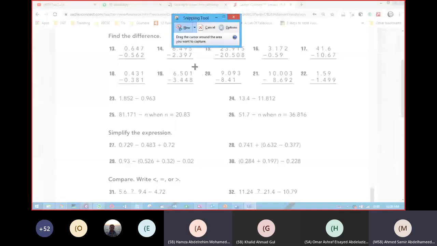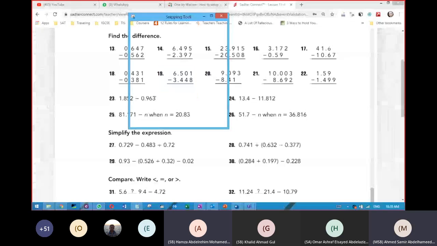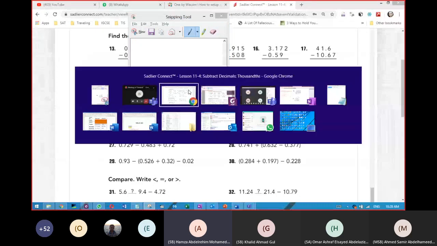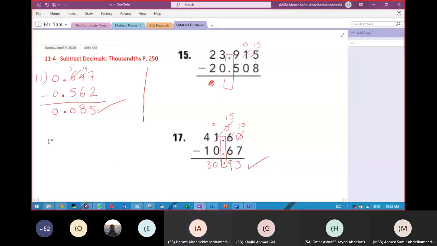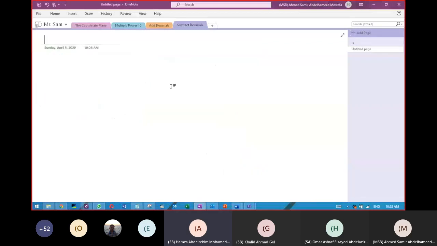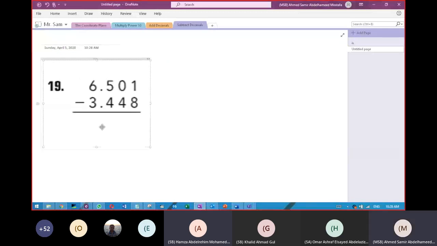Number 19 here. All right. Okay, Rafid, go ahead.